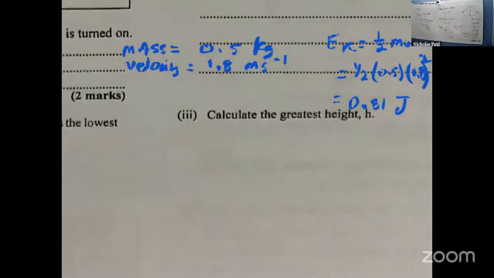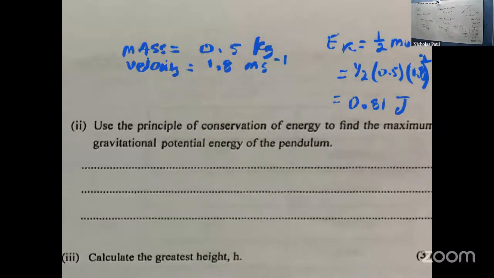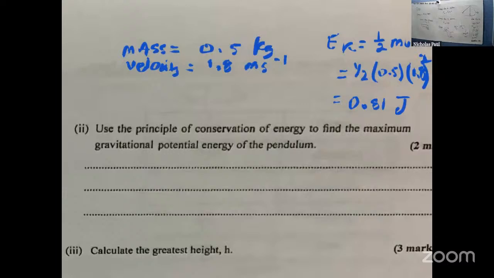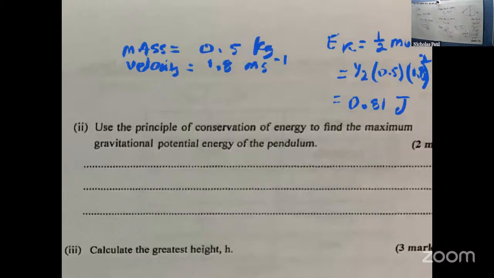So using the conservation of energy, find the maximum gravitational potential energy. Think about it, and I'm going to ask somebody online. Rajiv, what do you think is the gravitational potential energy of the pendulum? Remember, use the conservation of energy.